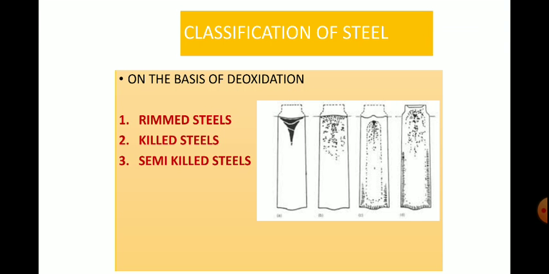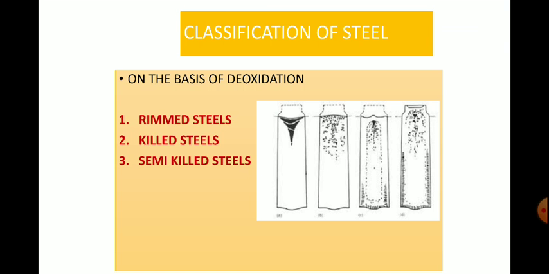Next is classification based on oxidation or deoxidation. That is, when oxygen or oxides are removed from the steel, we classify based on this. If none of the oxides are removed from the steel, we call the first category rimmed steel.